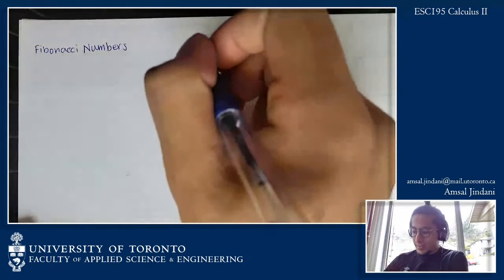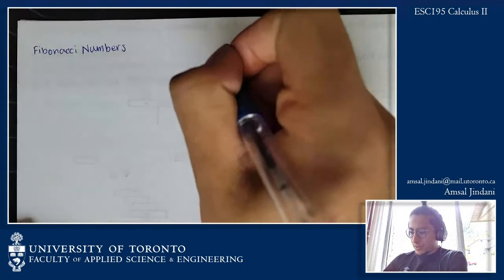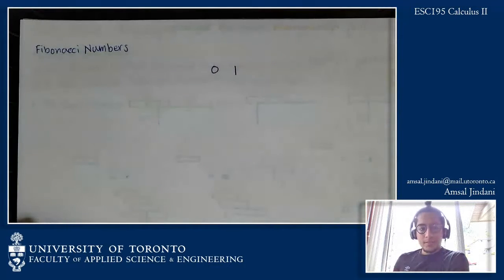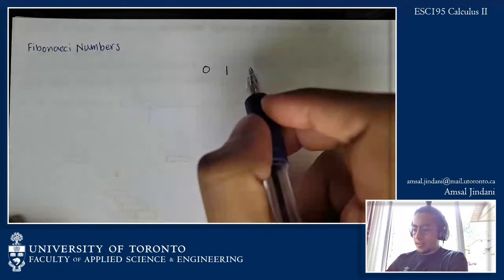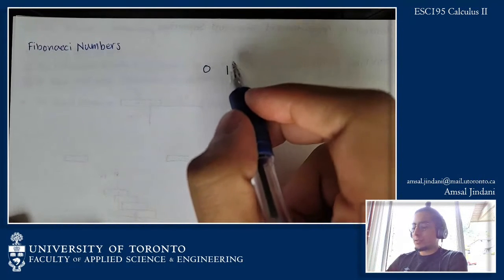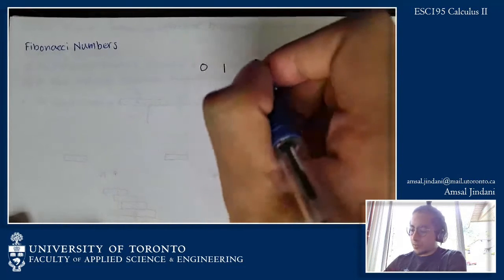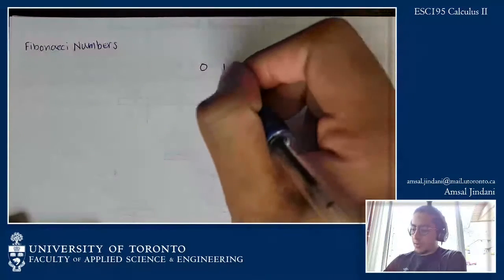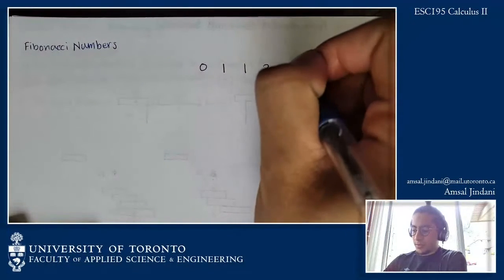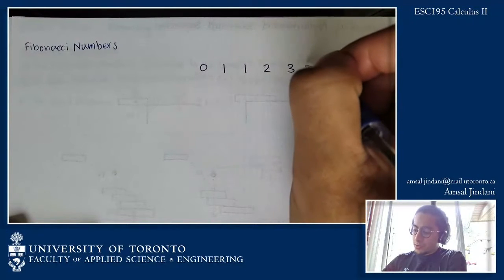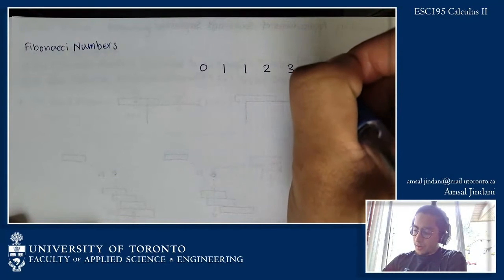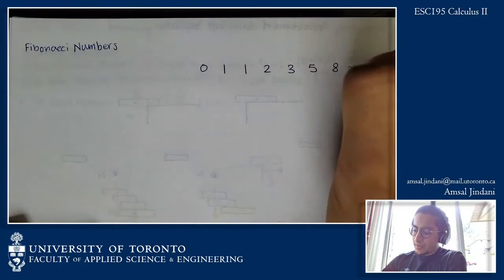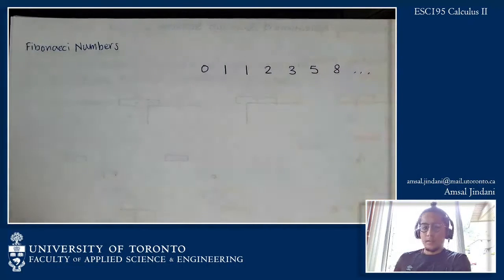So generally, the way that they're defined is that you start out with two numbers, let's say 0 and 1, and then the next term is basically just equal to the sum of the previous two terms. So 0 and 1, add them, you get 1, 1 and 1, 2, 2 and 1, 3, 3 and 2 make 5, 3 and 5 make 8, and so on.